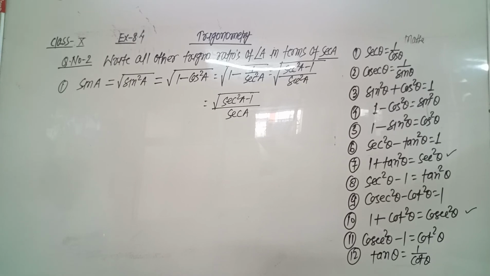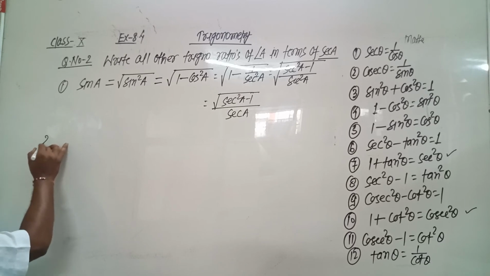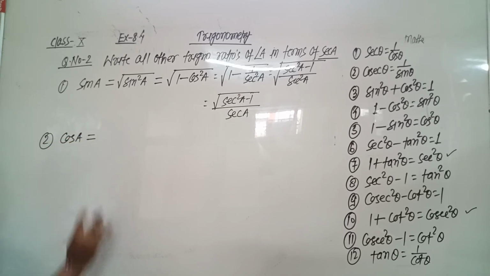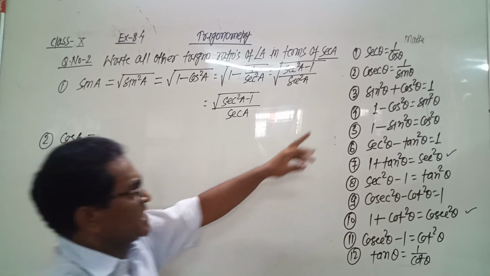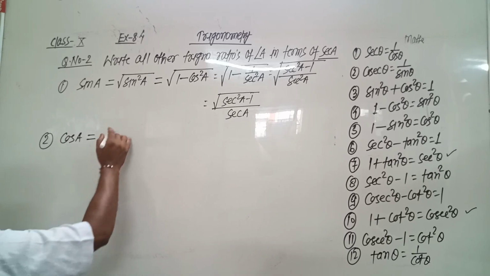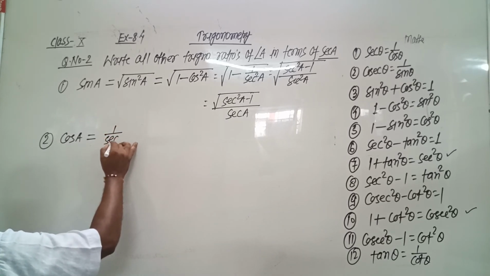Now next we have to convert cos A in terms of sec A. Directly we know sec theta equals 1 by cos theta, then cos theta will become 1 by sec theta.